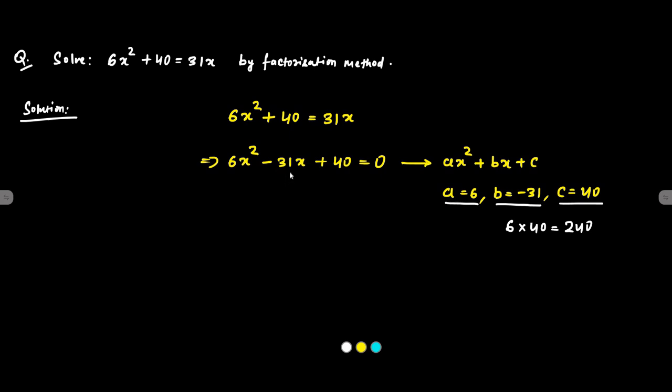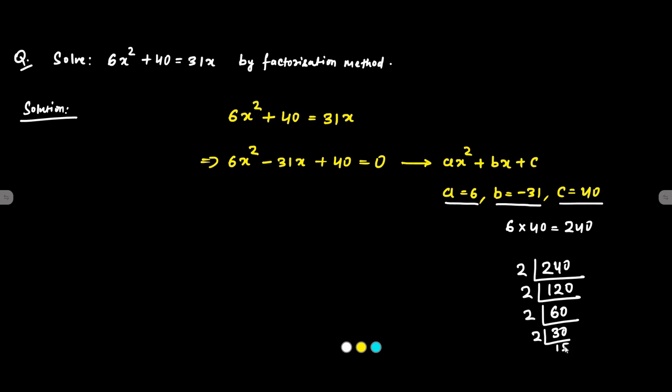So I will go for factorization here to find out the different factors, the different possibilities. 240 is 2 × 120, 2 × 60, 2 × 30 and 2 × 15.